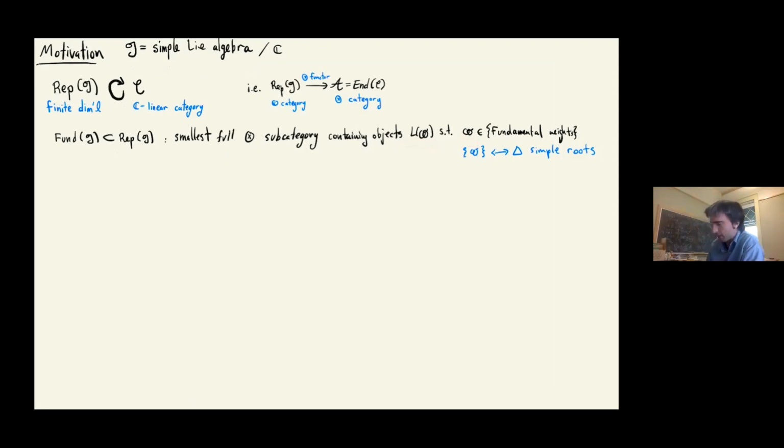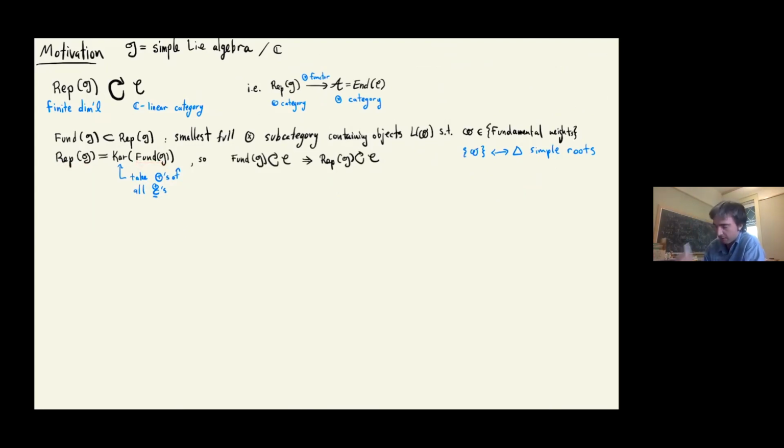You remember that the fundamental weights are in bijection with the simple roots of this Lie algebra. And it's familiar probably to many of you that you can recover all of the representations of this group by taking all sums and direct summands of the fundamental representations.